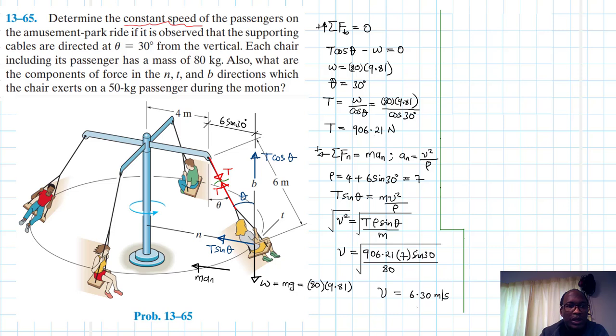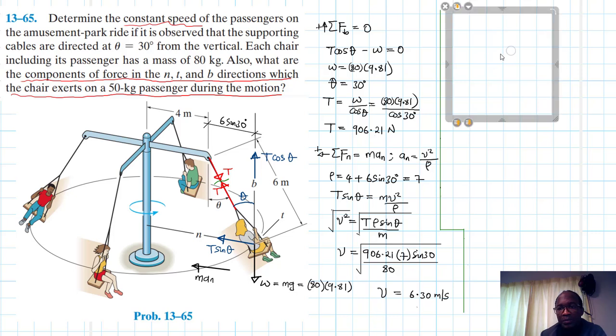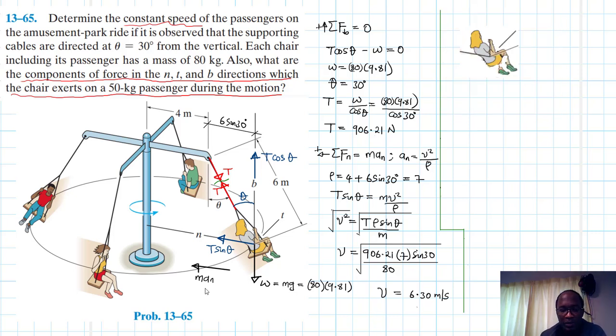So let's go to the next problem, which is to find the components of force in the N, T, and B direction, which the chair exerts on the 50 kg passenger during motion. So I'll use the same passenger. I'll isolate this passenger and draw the free body diagram. So this is the passenger here, and then we have the following coordinates.